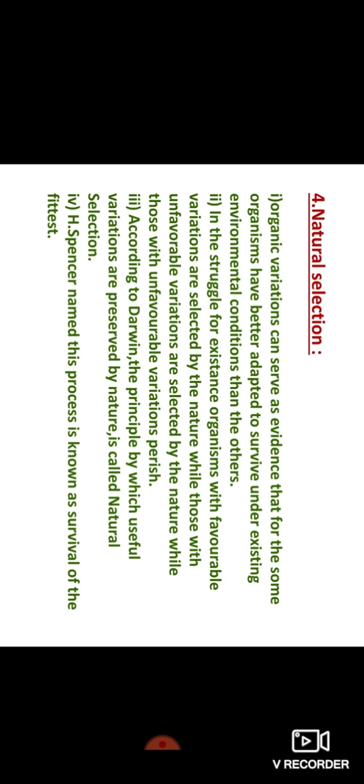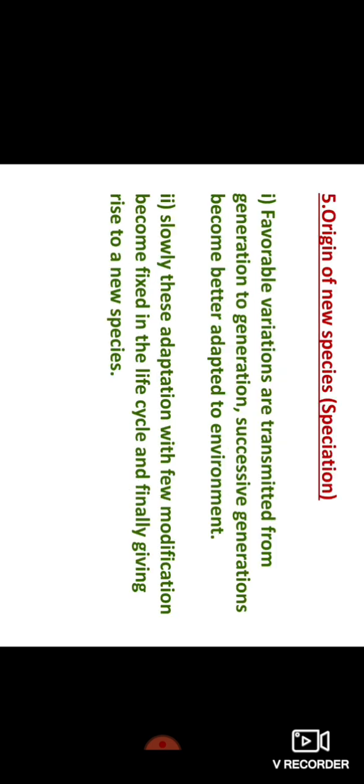H. Spencer named this process the survival of the fittest. Origin of new species. As favorable variations are transmitted from generation to generation, organisms become successively better adapted to the environment. Gradually, these adaptations with a few new modifications become fixed in the life cycle and finally give rise to a new species.